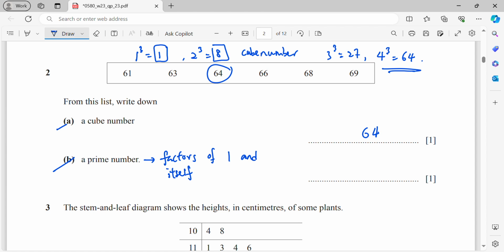So from here we know that 63 can be divided by 7. 66, since this is an even number, can be divided by 2. 68 also can be divided by 2. 69 can be divided by 3. So it means that it's only 61 as a prime number.